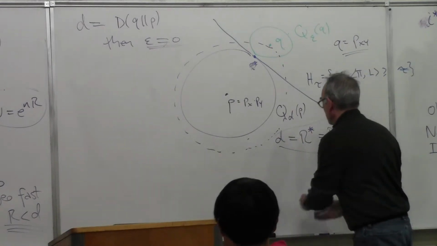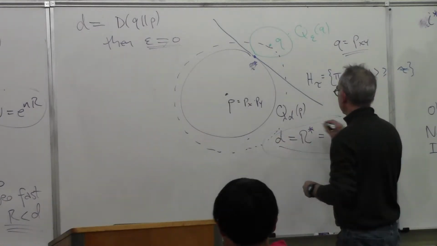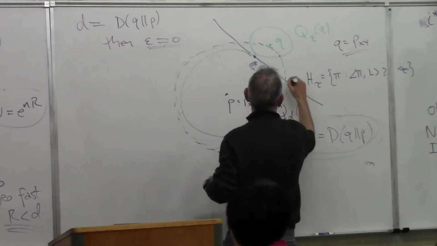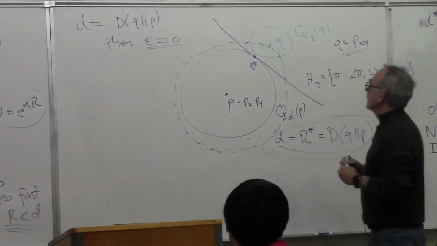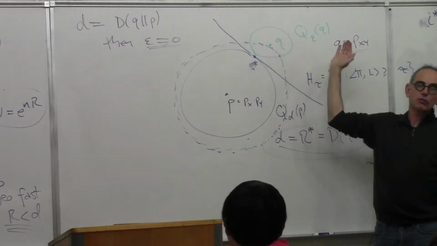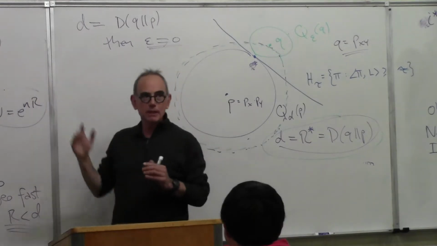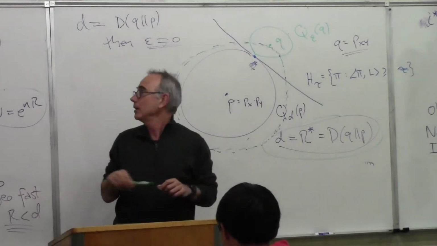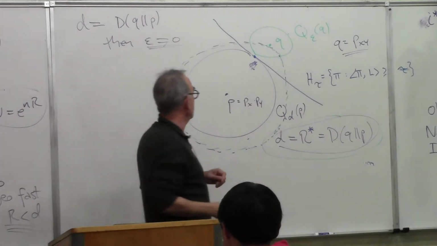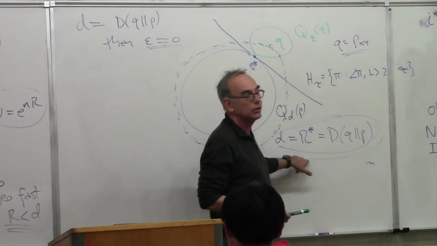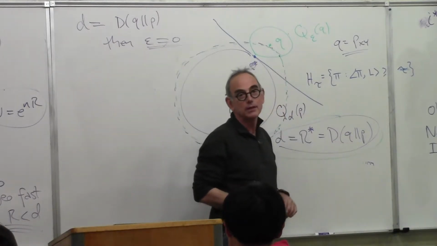If we made D so big that we just touch Q, we'd screw ourselves here. But at least that gives us a bound. If we can get arbitrarily close to that, we could make epsilon arbitrarily small, which means we'd be making D arbitrarily close to R star, which is its relative entropy.